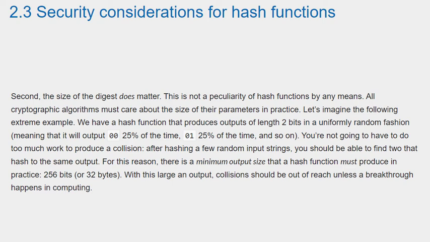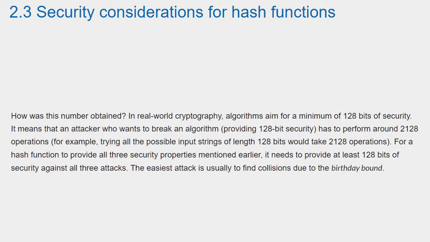For this reason, there's a minimum output size that a hash function must produce in practice: 256 bits or 32 bytes. With this large an output, collisions should be out of reach unless a breakthrough happens in computing. How was this number obtained? In real-world cryptography, algorithms aim for a minimum of 128 bits of security.